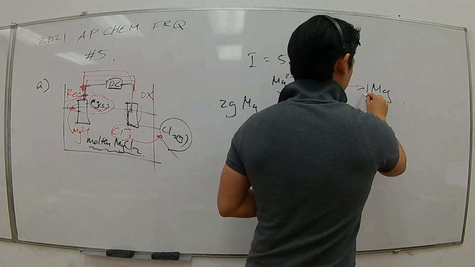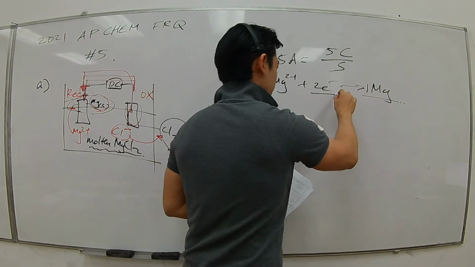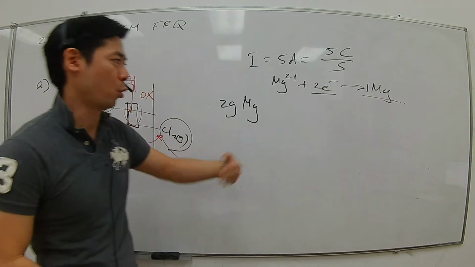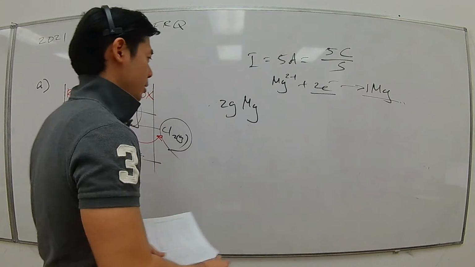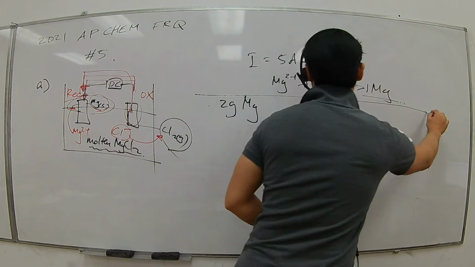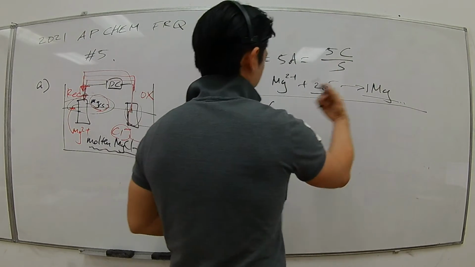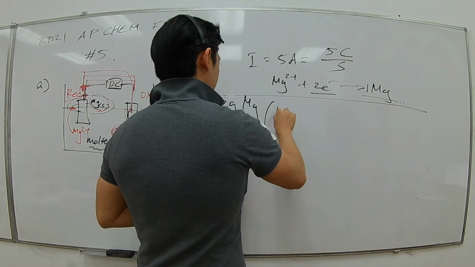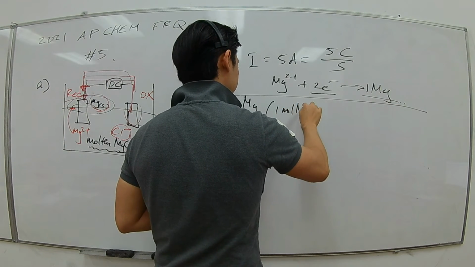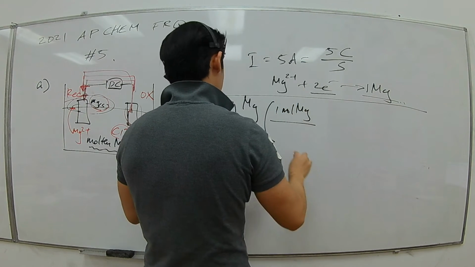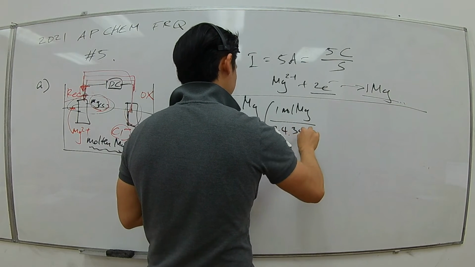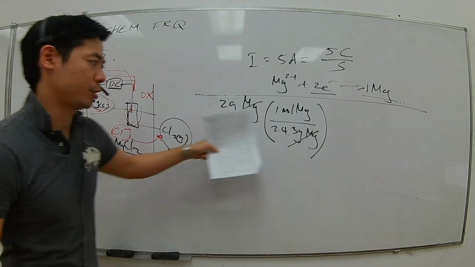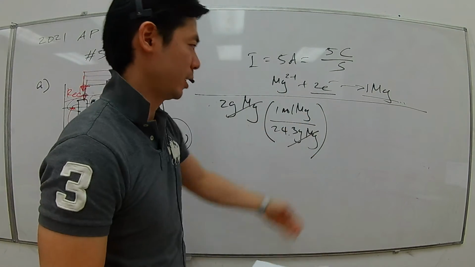For 1 mole of magnesium to be produced, we need 2 moles of electrons. So we have to convert the grams of magnesium to moles. First, I'm going to multiply by the molar mass: 1 mole of magnesium is equal to 24.3 grams of magnesium, so the grams of magnesium cancel out, and you get the number of moles of magnesium.